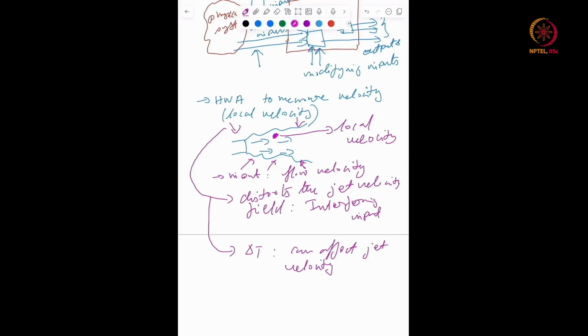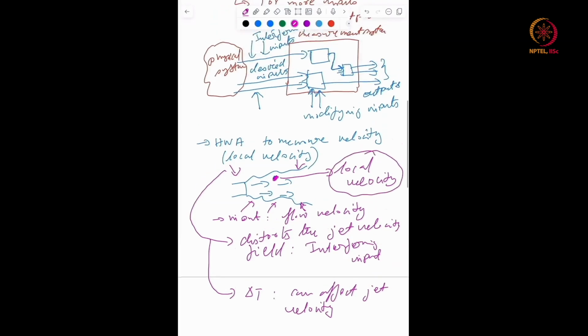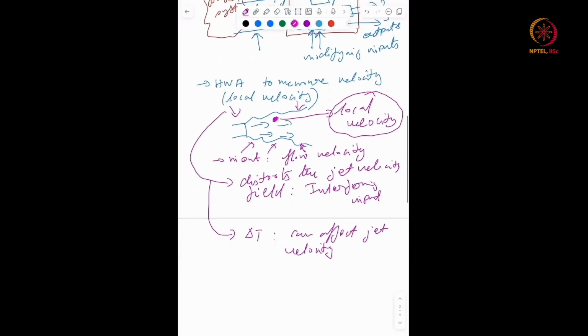Here the undesirable effect is that it modifies the response of the electronic circuit supplying the transducer, as well as causes deviations from the transducer's calibrated response, right? So you see, you have all these things interfering with your local velocity. You have electronics supplying the transducer.